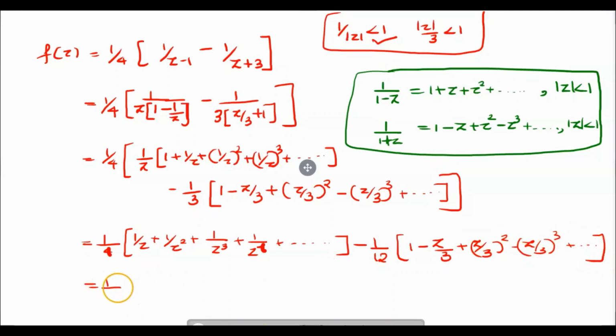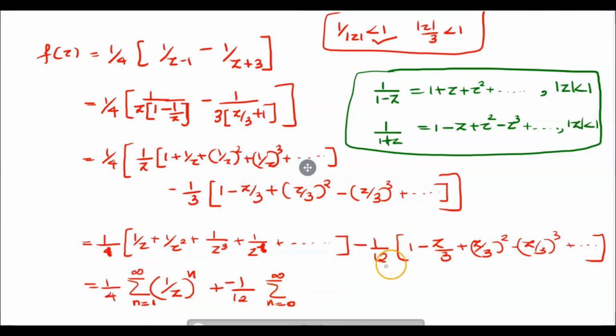So this is the series 1 by 4. We can write it as the series n equal to 1 to infinity, since we start with 1 by z, 1 by z all power n. And the next one is minus 1 by 12 series n equal to 0 to infinity, since this starts with 1.